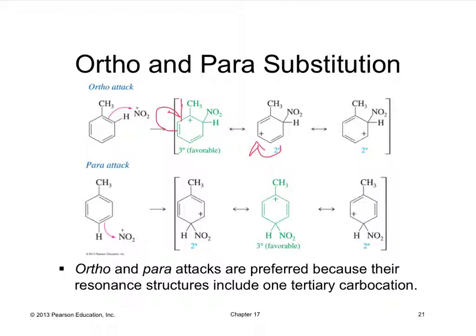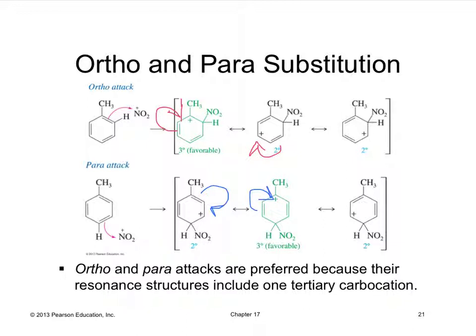If it's para attack, it forms on the para position and forms the secondary carbocation. When we look at resonance, here you can move, and then you have a tertiary, which is most favorable, and then from tertiary that moves again to form another secondary.